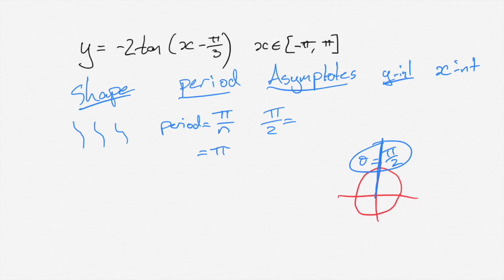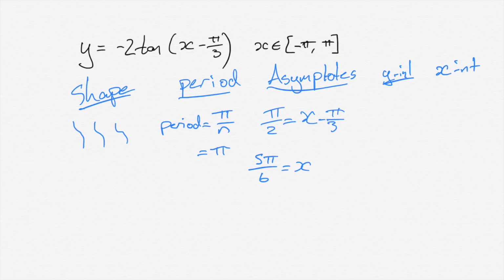In this case, it's x minus pi on 3 equal to pi on 2. And so now solving this, adding pi on 3 to both sides, gives me 5 pi on 6. And so that tells me where my first asymptote is. And from there, I can now also work out my other asymptote.